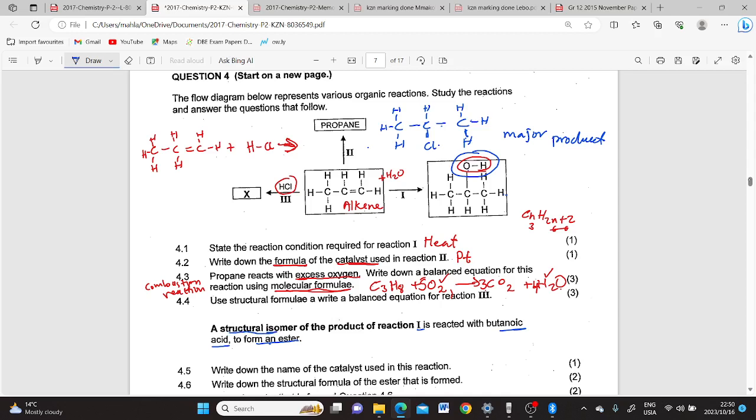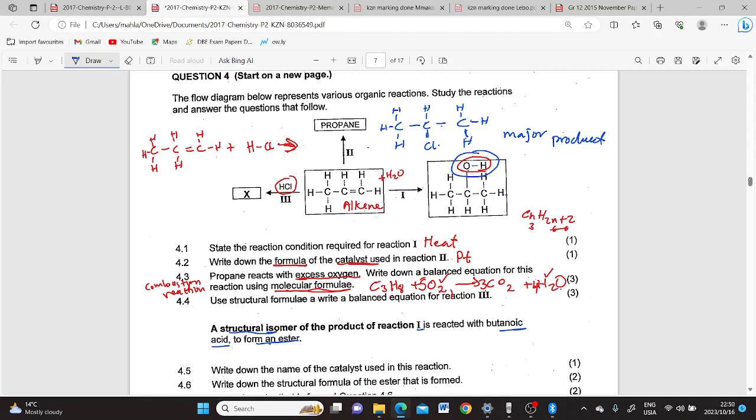So we don't know whether it's positional or not, but the correct name there, I think, would be the positional isomer, but they said structural. So we can agree with 3 types. We have the chain isomer, so we cannot change the chain here. We have positional, but this position of OH can be changed. And then we have the functional, so we cannot change the function here.